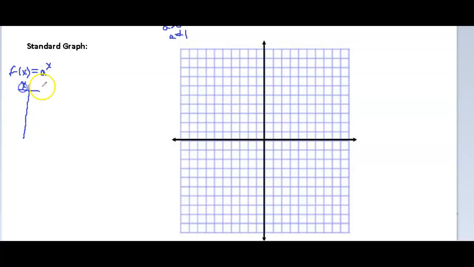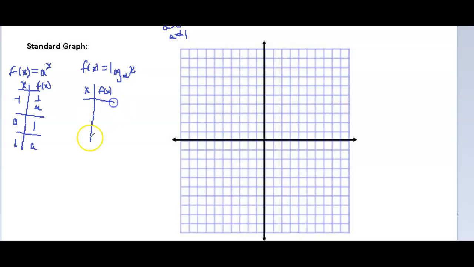Remember the helpful points there are (-1, 1/a), (0, 1), and (1, a). Since logarithms are the inverse functions of exponentials, to get our helpful points for logarithms, all we have to do is switch around the x and y values of the exponential.